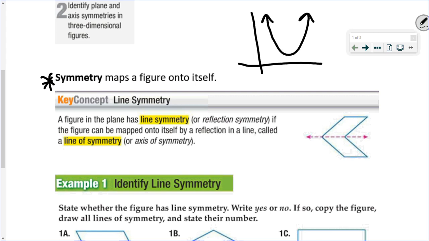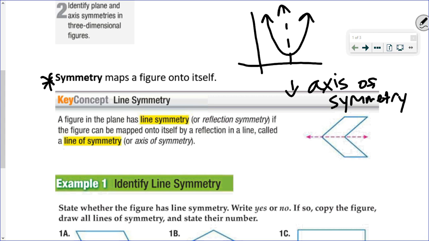I show everyone that there's this line that goes through the parabola that in Algebra 1 we call the axis of symmetry, and you can use it to make graphing a little easier. Because if you find a point maybe on the right side, you know that it maps across to the left side. It maps onto itself. It has symmetry. Parabolas have symmetry.